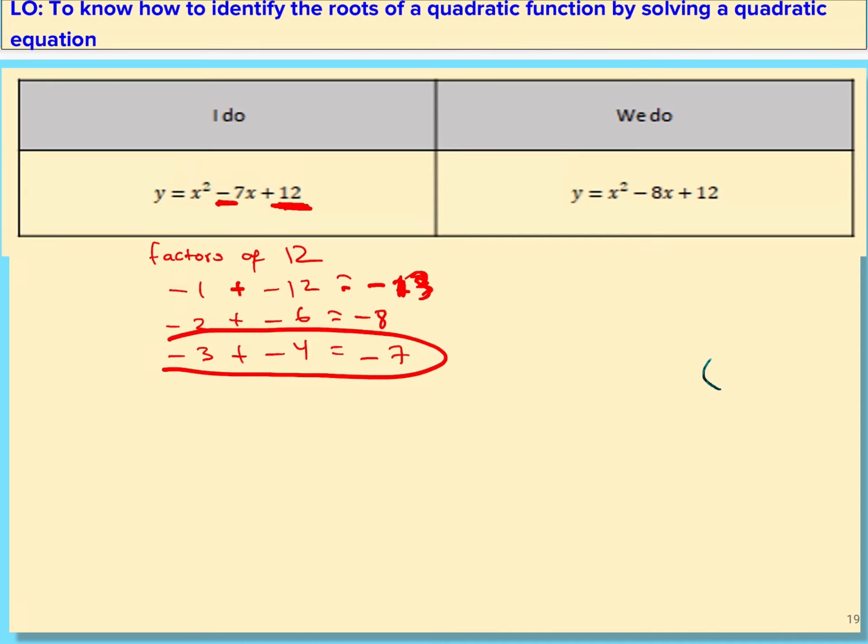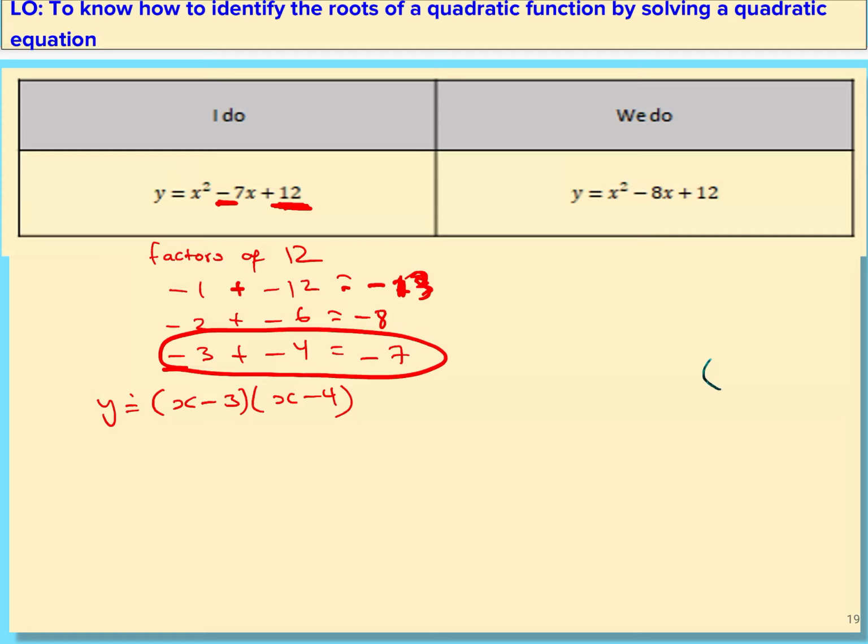Let's look at the combinations and see which ones add to get -7. That equals -13, that equals -8, and that equals -7. So this is our combo.